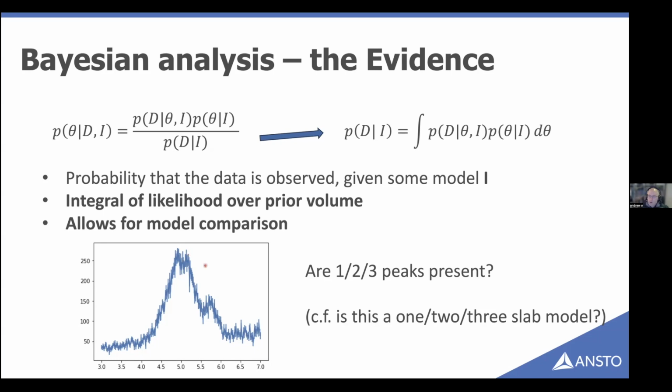Is it going to be a 1, a 2, or a 3 slab model? Typically, the heuristic we've used in the past is to use the minimum number of slabs that gets you the best fit. But this allows you to quantify what you should be using, which is quite useful.